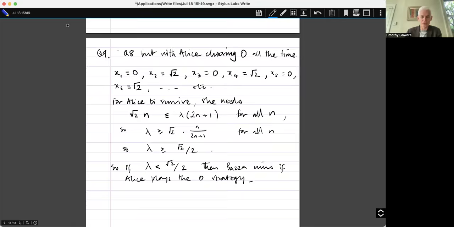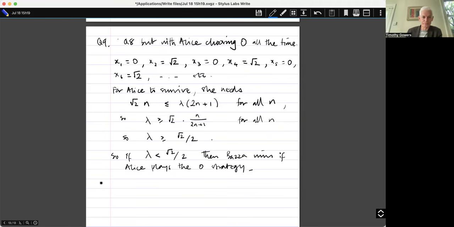Well, I'm going to write down the things that I plan to think about next. So question 10: still on the assumption, I think the answer to this is going to be yes, if lambda is less than root 2 over 2, does Bazza win? So regardless of the strategy of Alice.